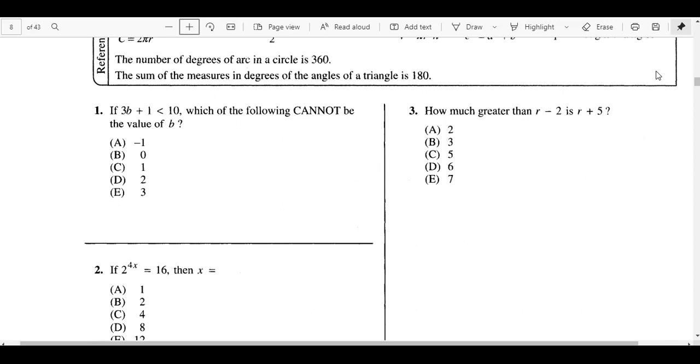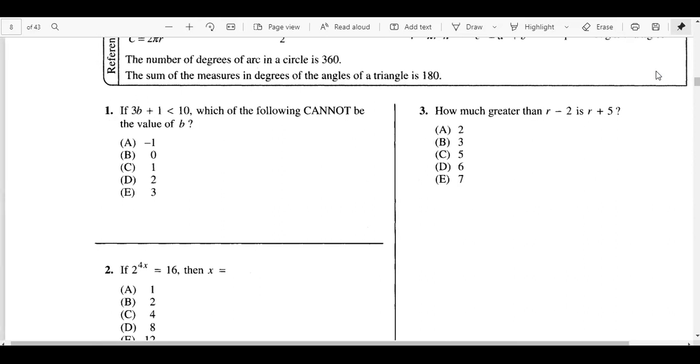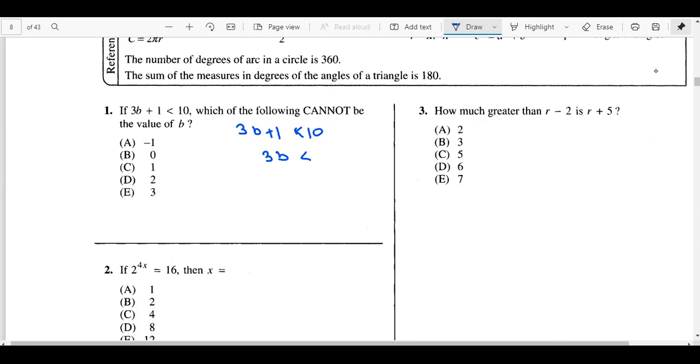So here's the first question. If 3b plus 1 is less than 10, which of the following cannot be the value of b? Let's just find what b is. 3b plus 1 is less than 10, so 3b is less than 10 minus 1.